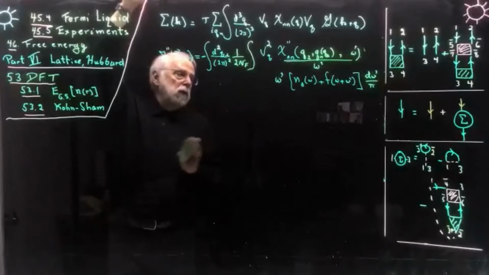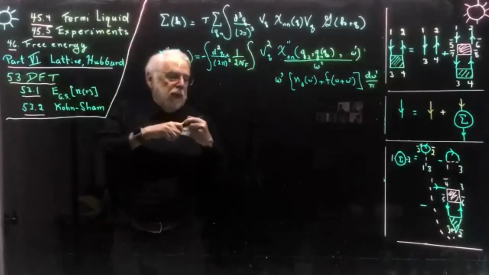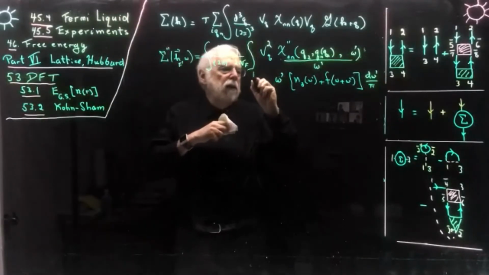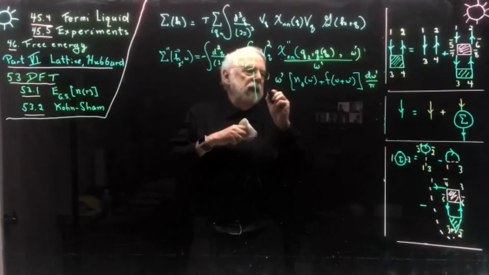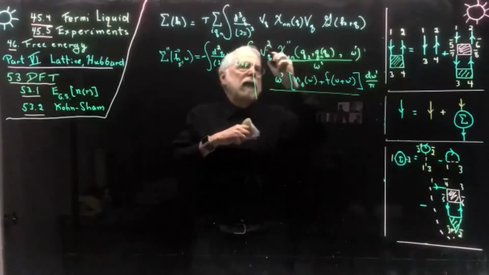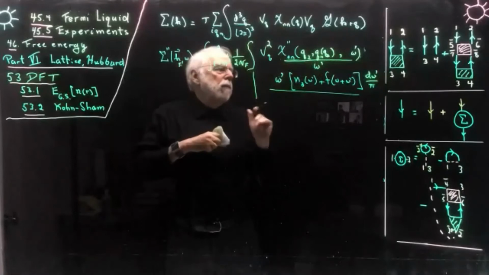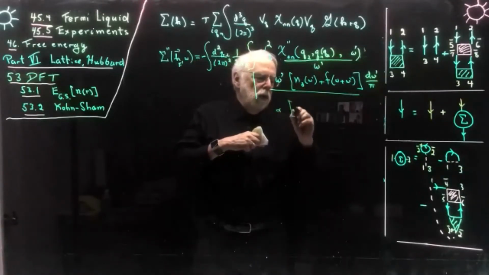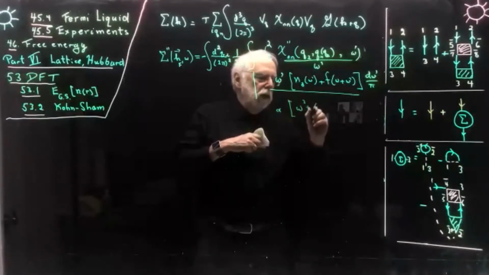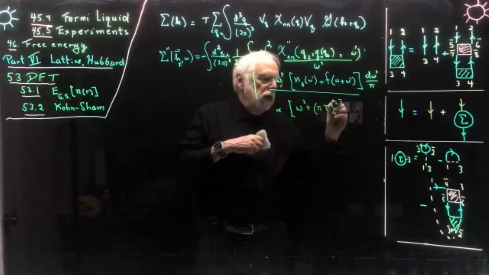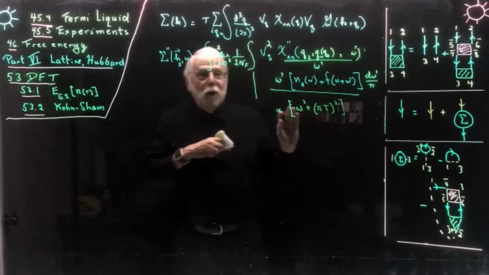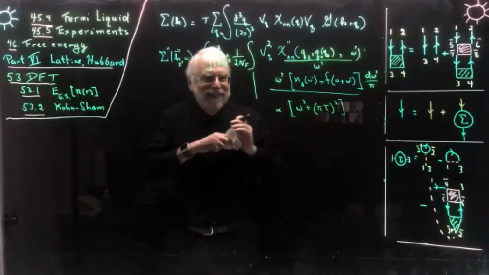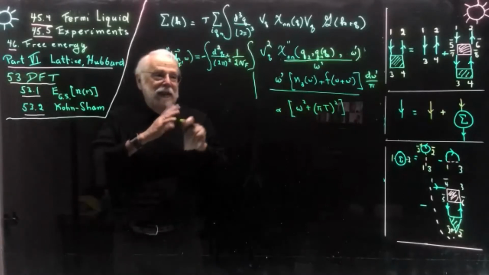In other words, this integral times this, but this guy I take outside. This is proportional to omega square plus pi times the temperature square. So you see there's a sort of leftover of Matsubara stuff, where frequency goes like pi t.